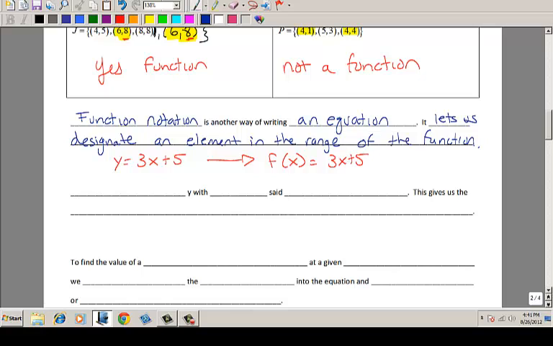So in order to get an equation into function notation, we would replace y with this f parentheses x, close your parentheses, and the way that we say that is f of x. Again, what this does is this gives us the value of the function at x.